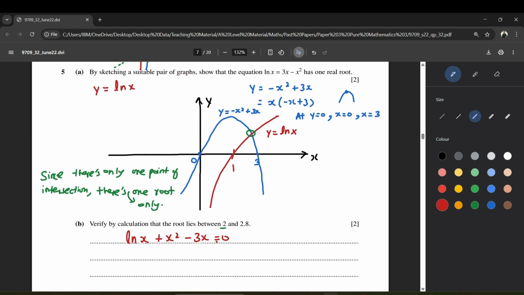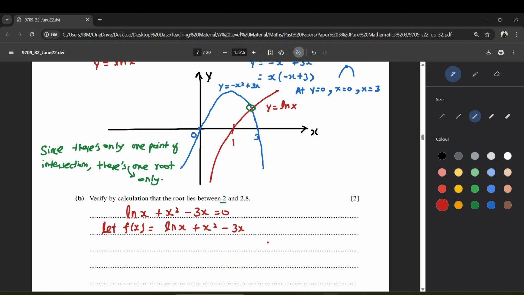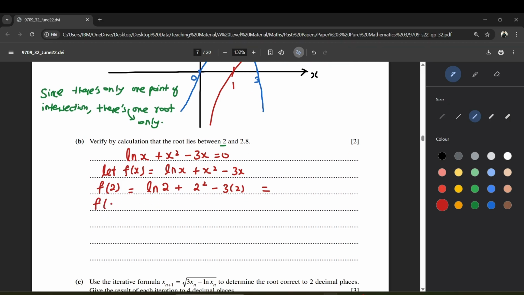Okay, now that you have done this, we're going to say let f of x equals ln x plus x squared minus 3x. Now, if I plug in the value of 2 into this, what I'm going to get is ln 2 plus 2 squared minus 3 times 2. Then secondly, we'll work out f of 2.8. So that will be ln 2.8 plus 2.8 squared minus 3 times 2.8.